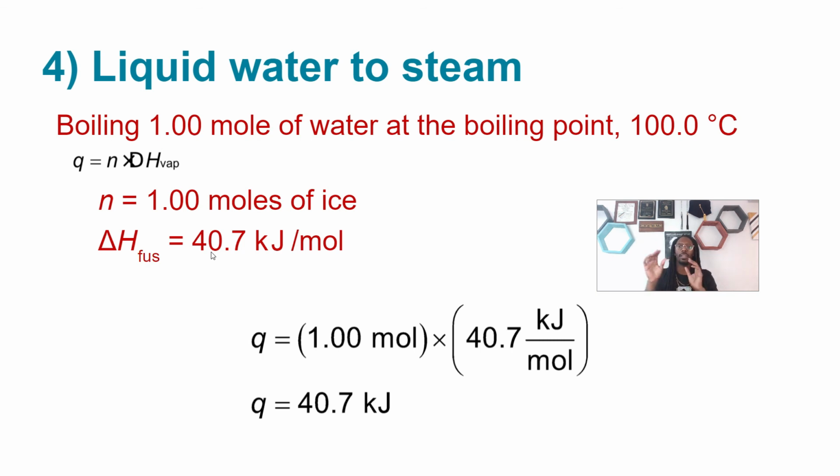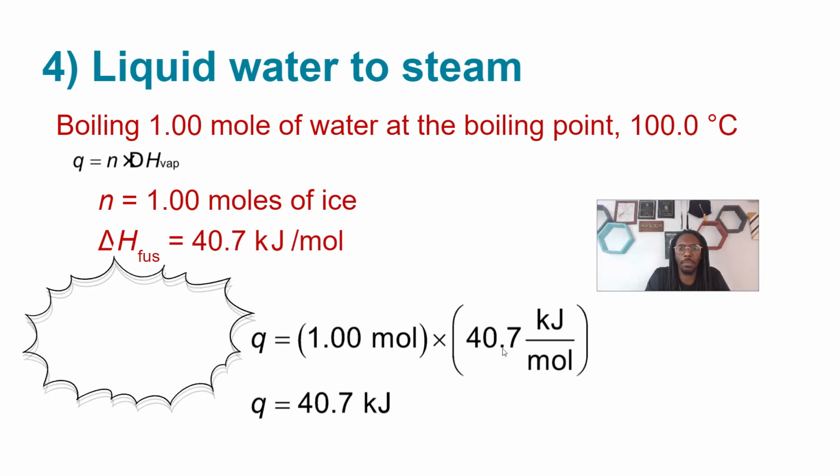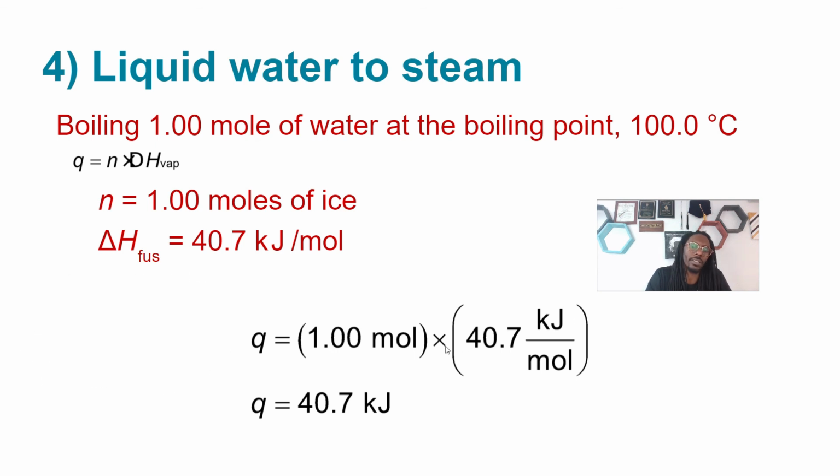So basically at each point, the boiling point, it's going to be different. So we're going to see that that's going to be 40.7. So Q times our 1 mole times our 40.7. Once again, this is given. It just depends on the process. Okay, so in this case, you want your boiling one. Okay, so that enthalpy is 40.7 for water. You multiply, and we're going to get our energy as 40.7 kilojoules.